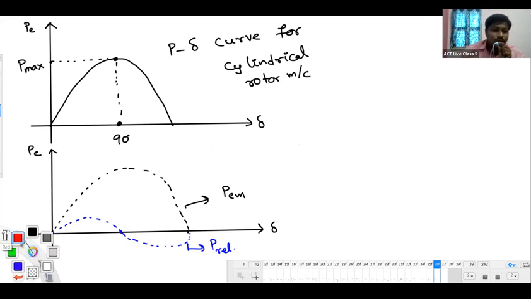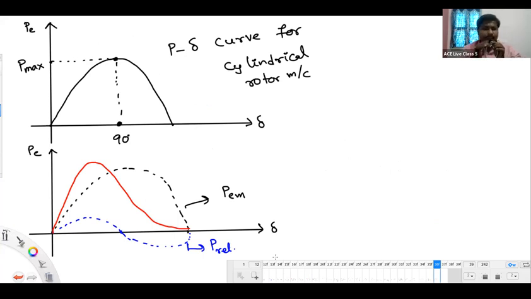If you add these two, we are going to get the resulting signal, maybe something like this. We can expect a signal of power with respect to delta after adding both the electromagnetic power as well as the reluctance power.